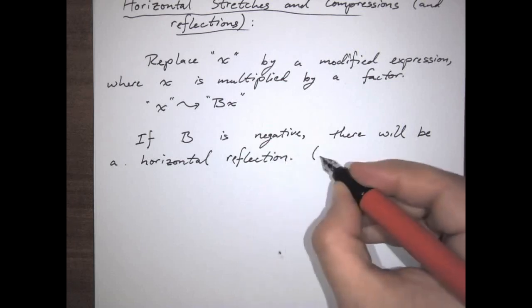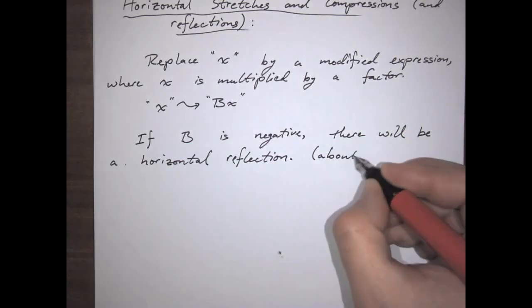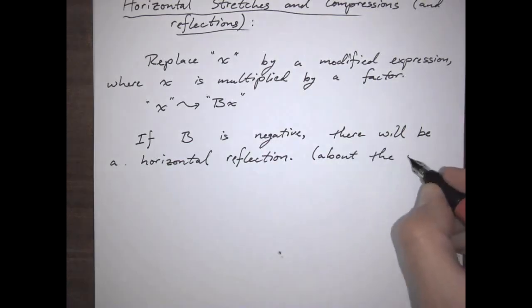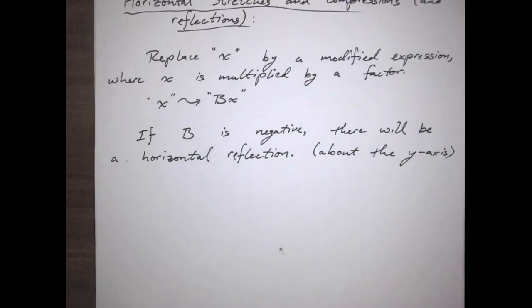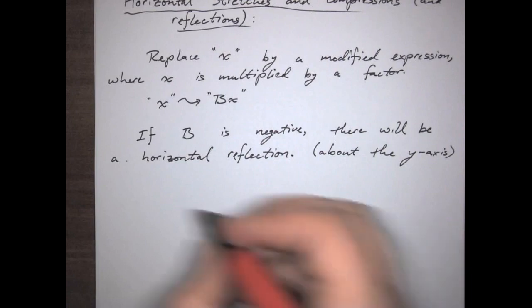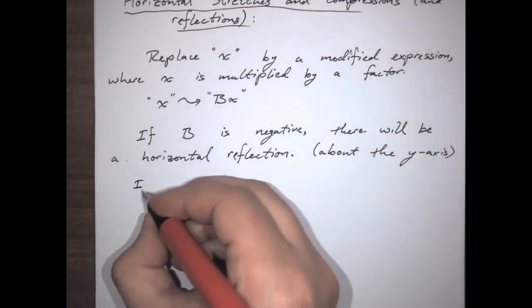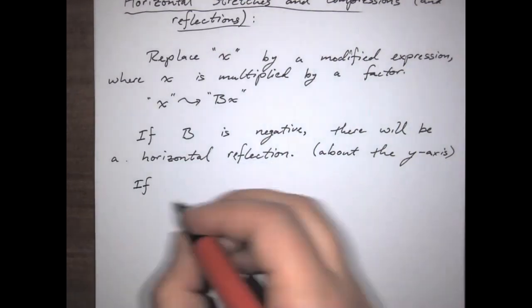And we say here this is about the y-axis. So in other words, the y-axis is the axis of the reflection. Everything becomes the mirror image. If b is not negative, then that's not true.